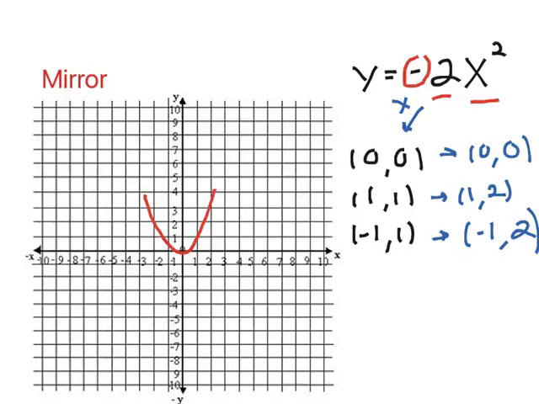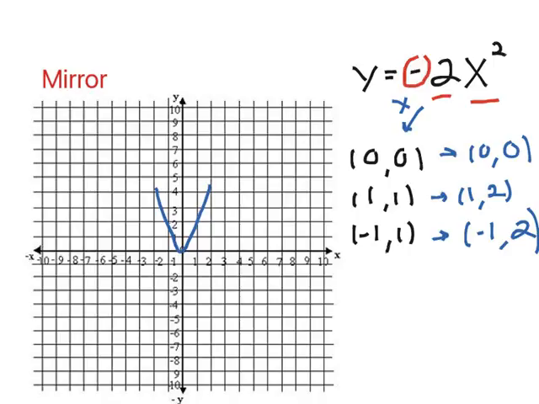Let's erase the old line so we don't get confused. And then we'll turn it upside down. What was up now goes down. Let's see how to do it.